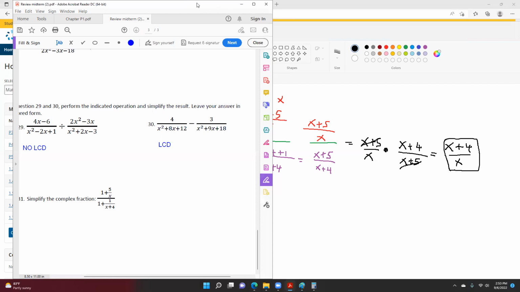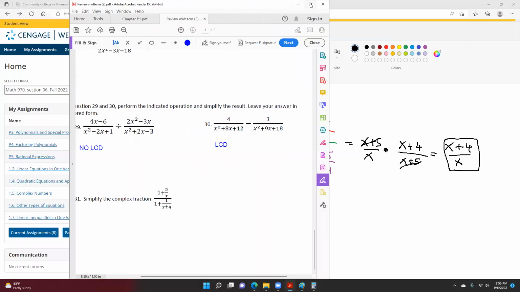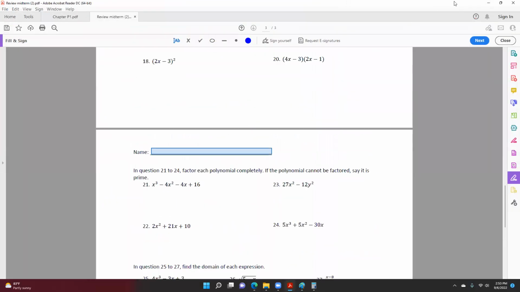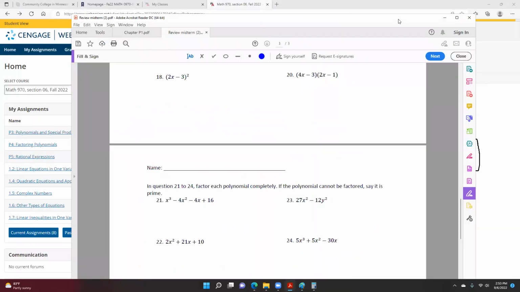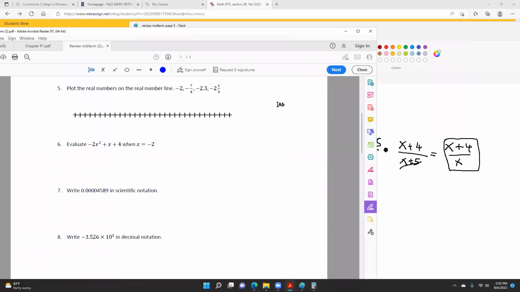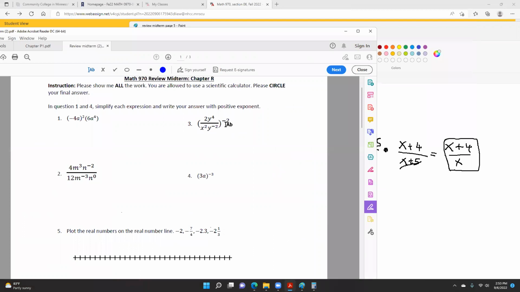Anyone have any questions with the midterm? Not the midterm, but just one more question on the review. Question 3 all the way back. Is that -2 outside of the whole equation? Yes. Is that an exponent? Yes. The whole thing to the -2 exponent.